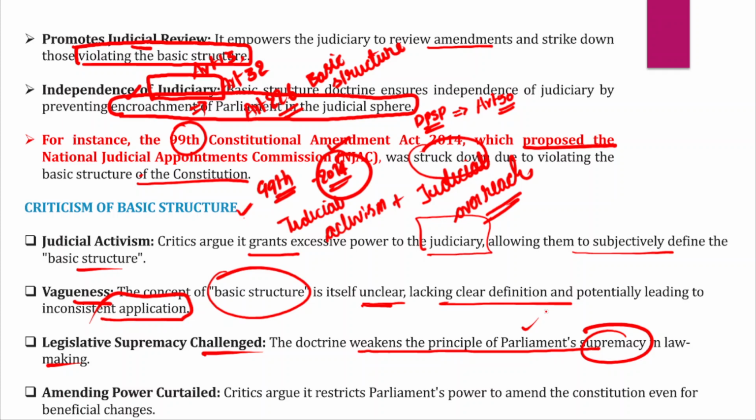The other thing is that the basic structure doctrine is nowhere mentioned in the Indian Constitution, and it also lacks statutory backing. Therefore, it raises key questions about the legitimacy and the credibility of the basic structure doctrine as well.